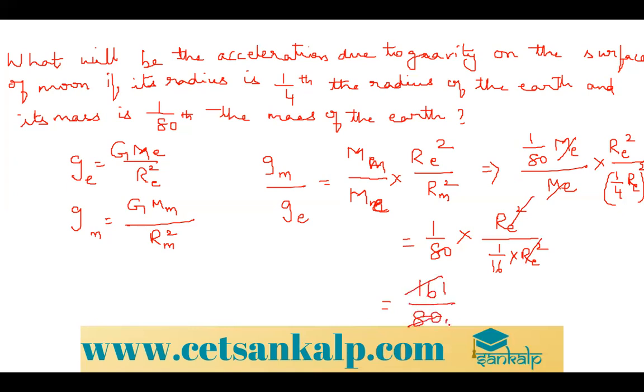Ones are, fives are. So finally Gm is equal to Ge divided by 5 will be your answer. I hope you are clear with this, right? Okay.